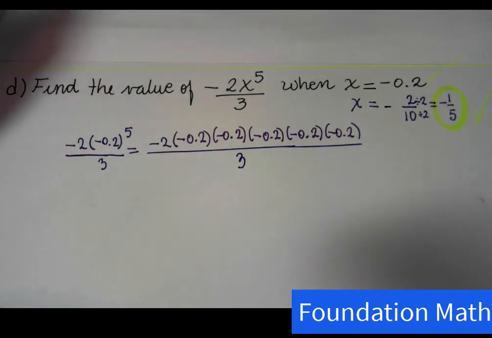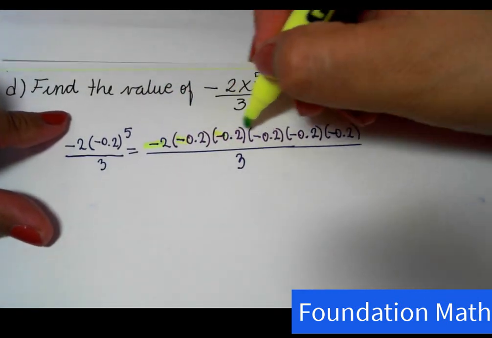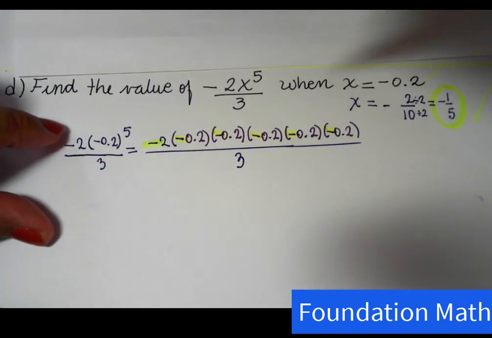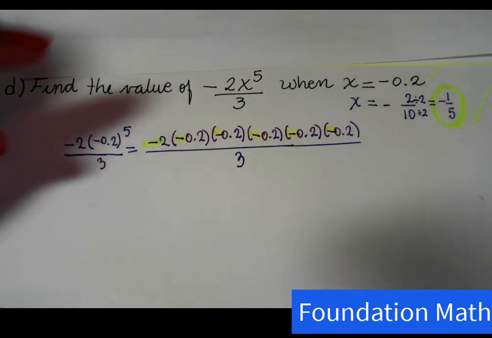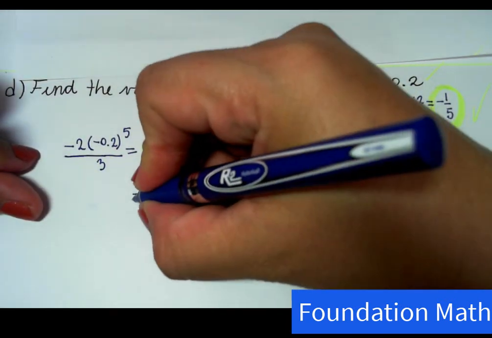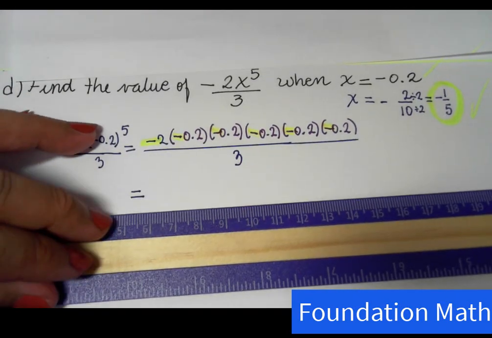Now we have to be careful because we have how many negatives? 1, 2, 3, 4, 5, 6, and all of them you have to multiply. When you have 6 negatives, they become positive. So the final answer is just positive. Now we have to be careful with the numbers. We have to multiply the expression.